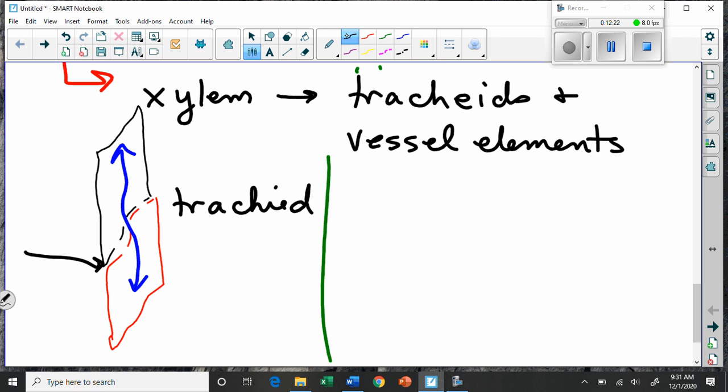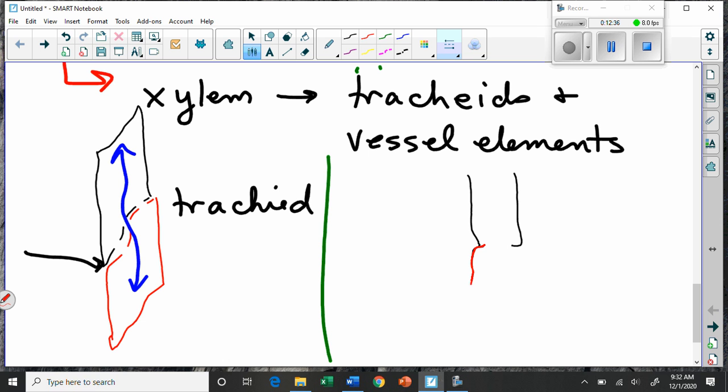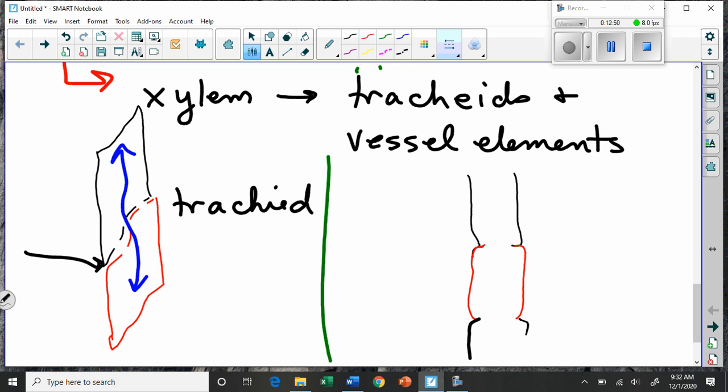The vessel element is basically tubes that join like this. The next cell, maybe I'll do in red, joins up with it, but you'll notice that the cell wall in between them dissolves completely, and it leaves a tube shape, and then the next cell would come down here, and so on.